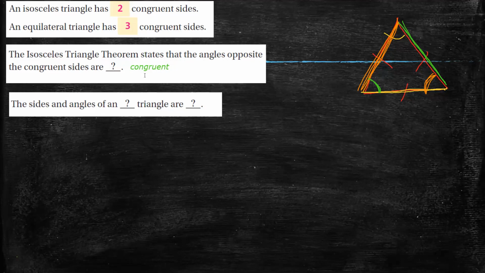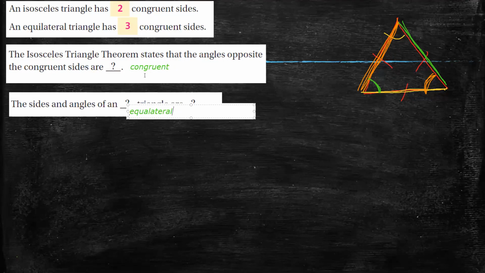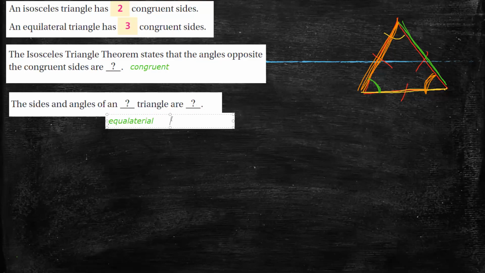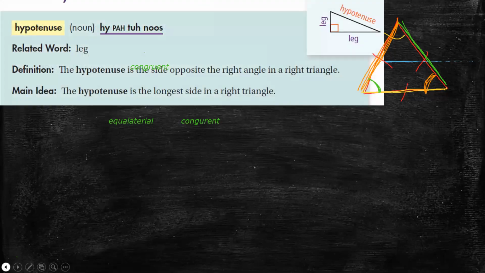Thank you. I think I wrote something wrong here. So the sides and angles of an equilateral triangle are congruent. Now this is for isosceles and equilateral triangles.